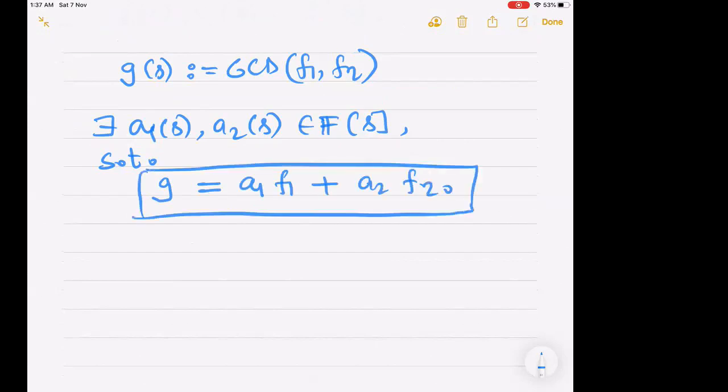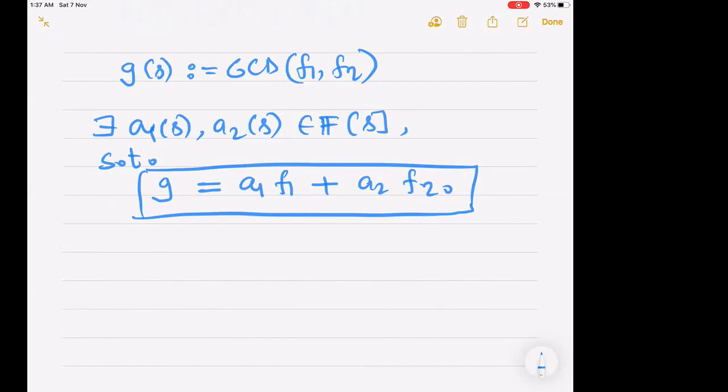This is the Aryabhatta-Bezout identity. Aryabhatta actually proved this for integers, both positive and negative kinds of integers. So he proved it for integers, but it is actually true for polynomial rings also. This is something that we're going to use crucially.